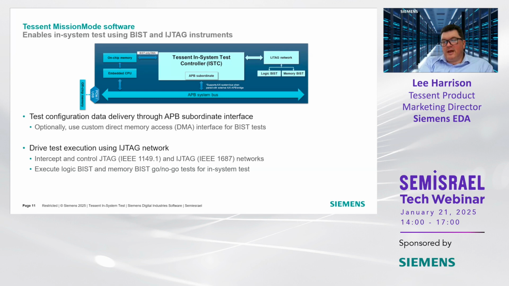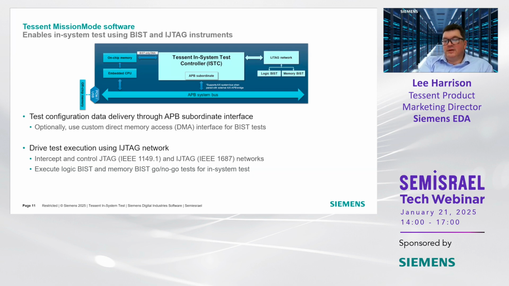The configuration data can be changed, uploaded, and controlled via an APB subordinate bus. So your in-system test controller Mission Mode will sit on an APB bus infrastructure, so that you can use an embedded CPU to deliver the configuration content for your various test structures.